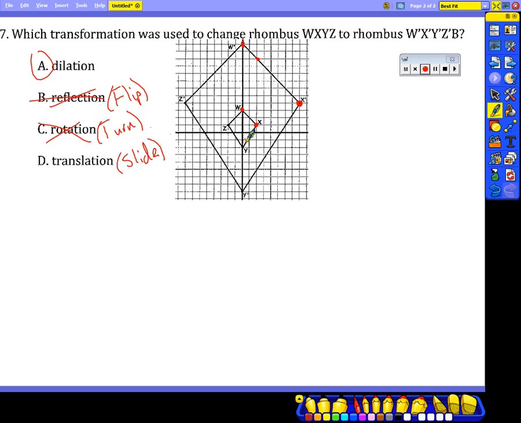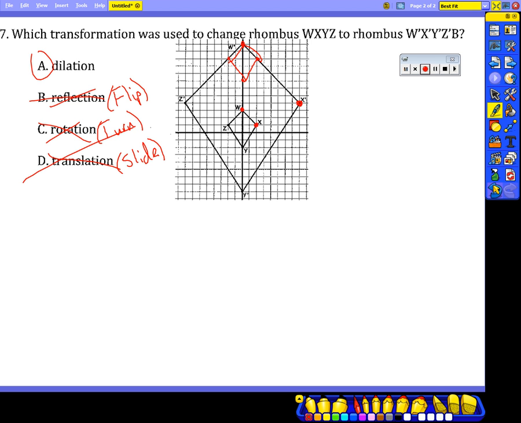Z would also slide up 9, and so would the last point. And you see when I connect this, I didn't do a good job connecting it. But you see how it made the exact same image? It just slid up. So that's why this is not a translation.